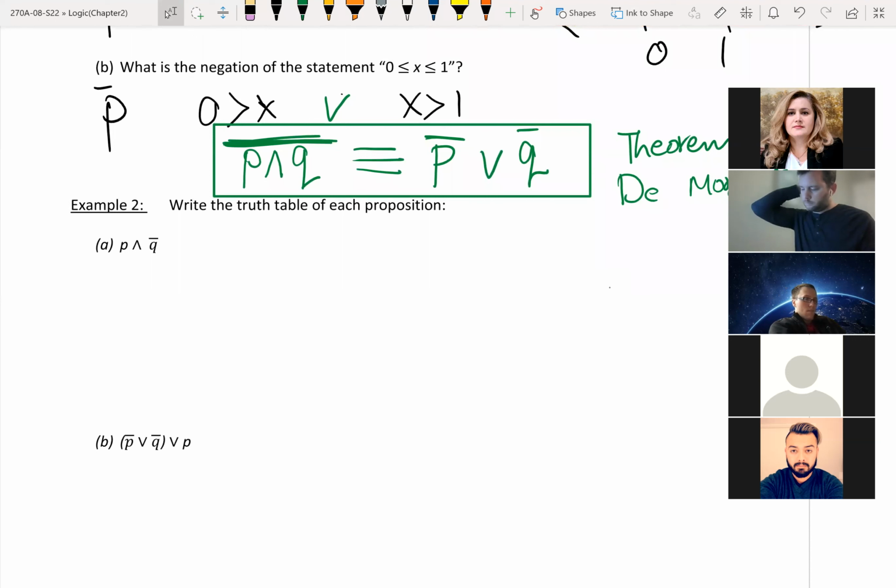So let's practice the truth table. First of all, how many rows do I need in my truth table?